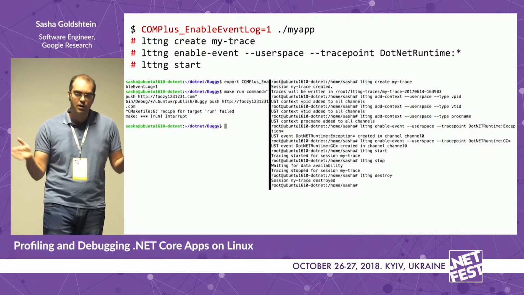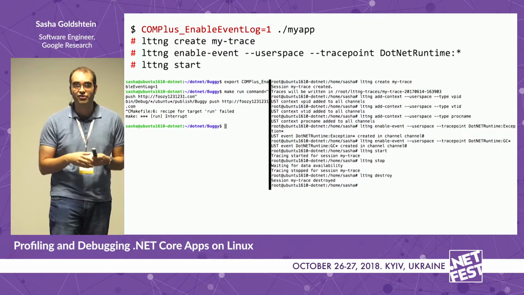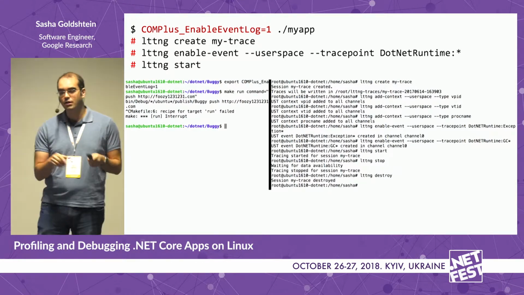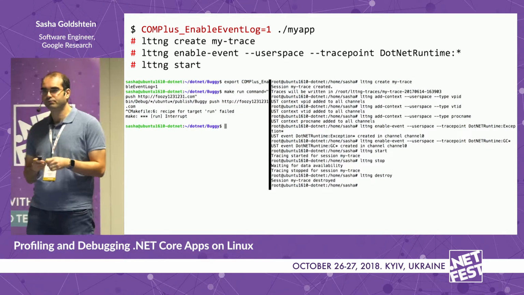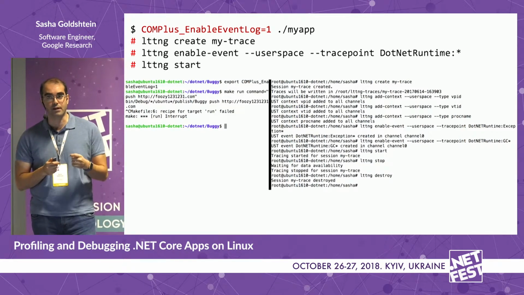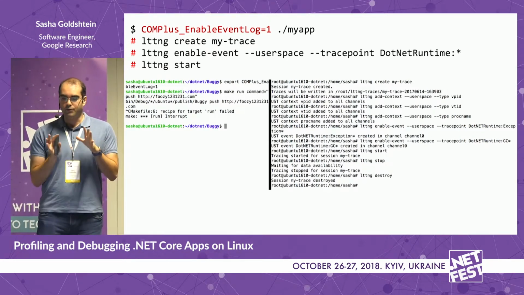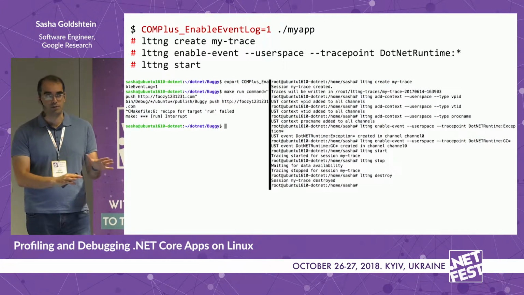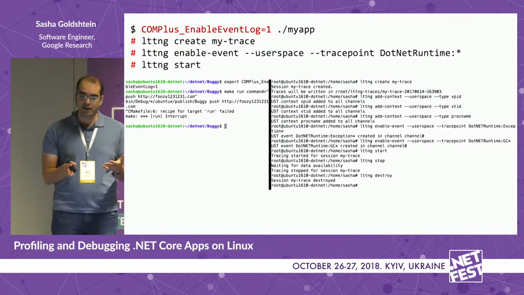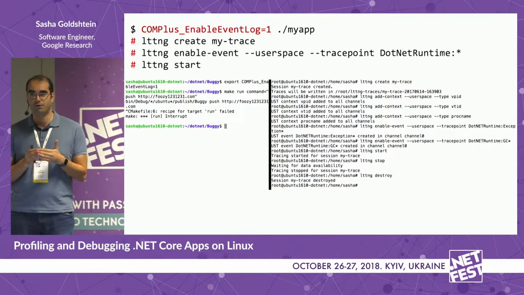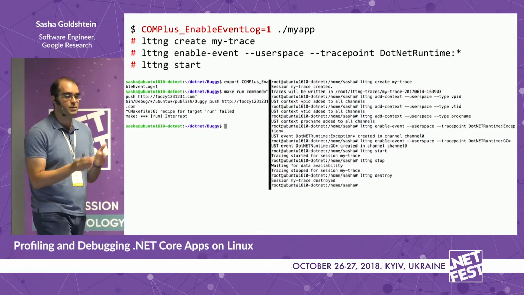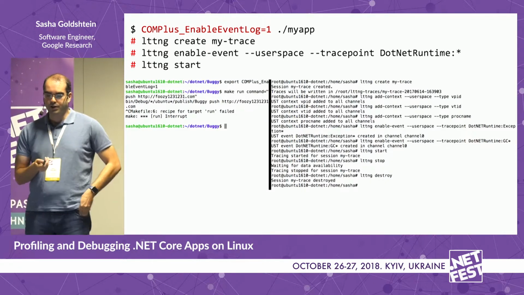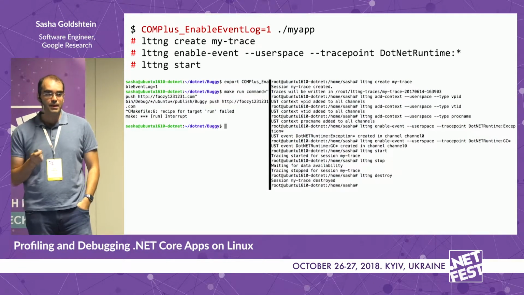So you have probably 30 or 40 different events you can trace from the LTTng provider in .NET Core. If you're looking for the same thing on Windows, this is event tracing for Windows, ETW, but we don't have ETW on Linux, so what Microsoft chose to use for this part was LTTng.